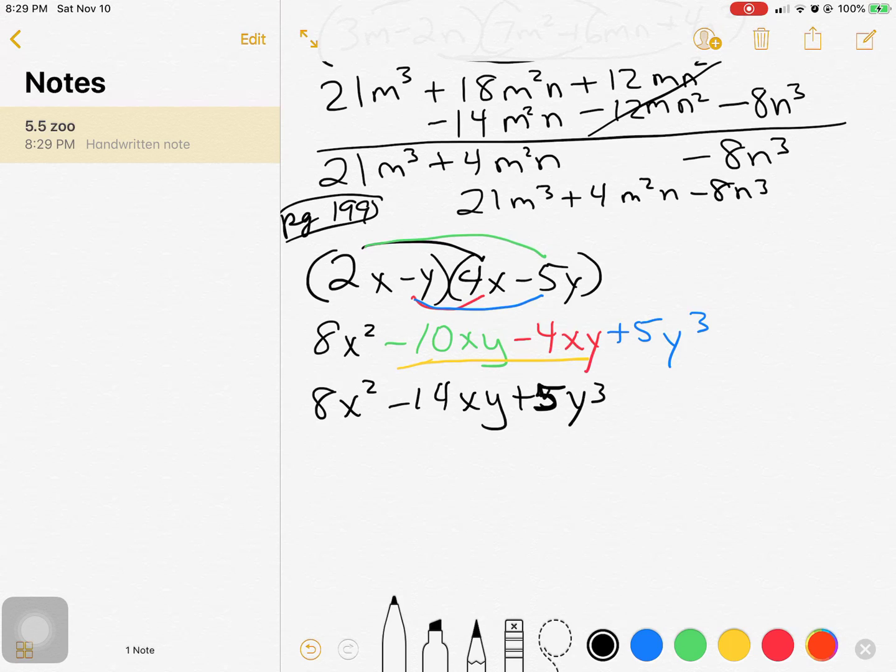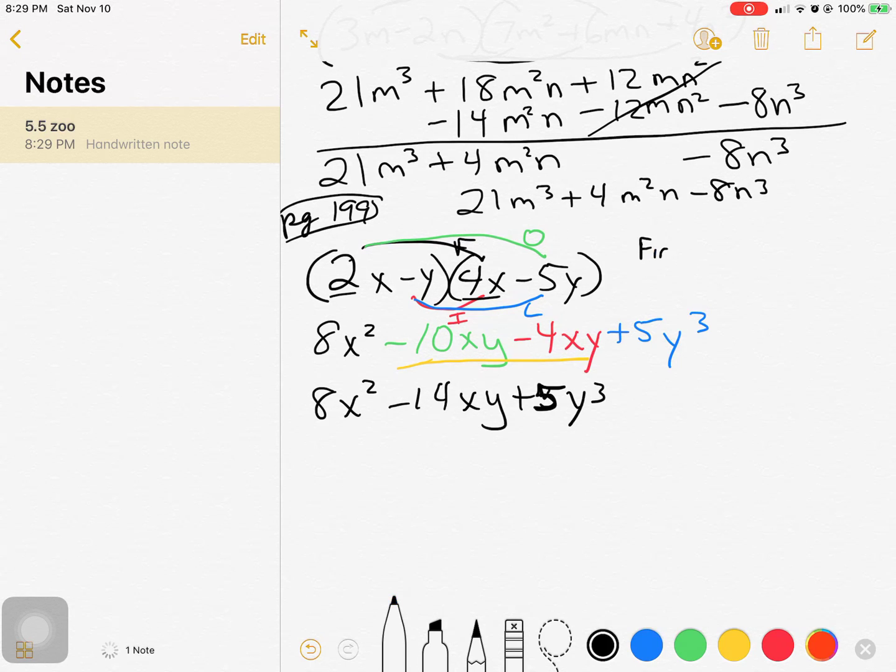Now, your book says they want you to recognize this as FOIL. So this is the first term times the first term. So let's see, that's first. And then outside times outside is O. Inside times inside is I. And last times last is L. So let me write that down.